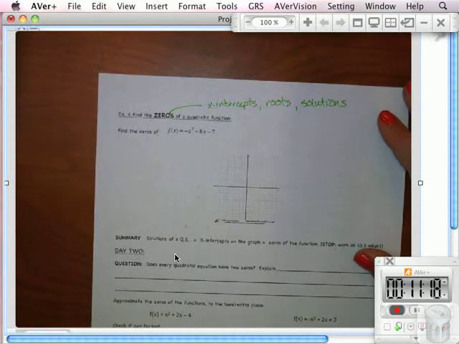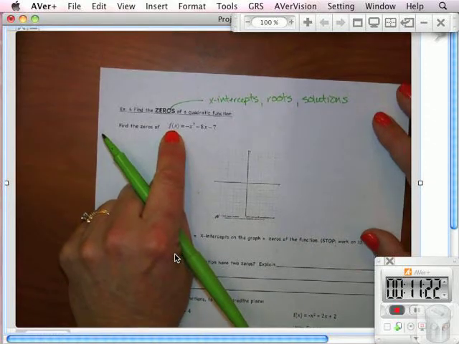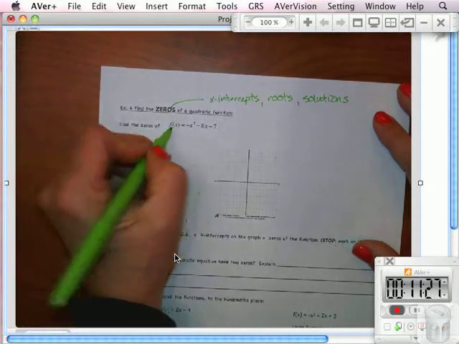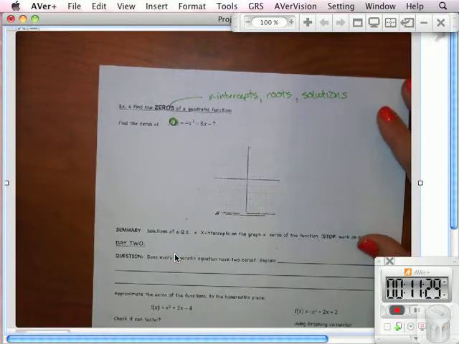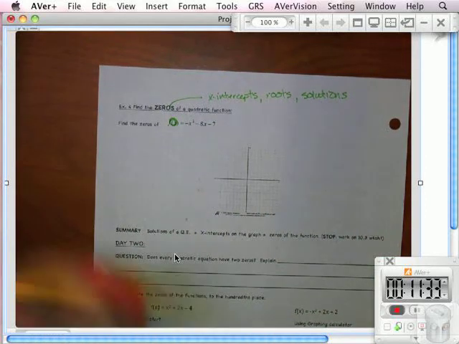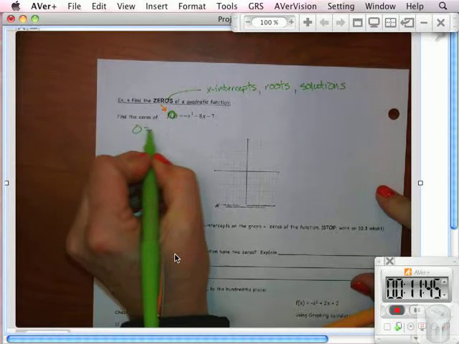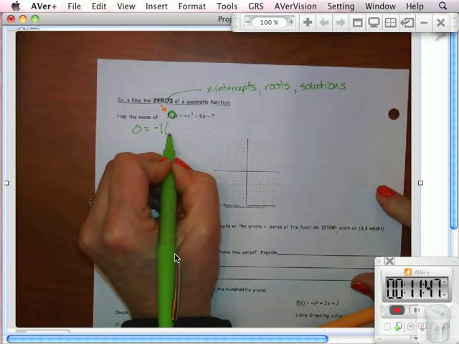Okay, now, ladies and gentlemen, look. We have f of x, right? If we're finding the zeros, that means our output to the function has to be 0. If it says find the zeros, you substitute f of x with 0. That's it. And then we do the problem. So 0, I'm going to divide out a negative 1 because I don't like that negative there.